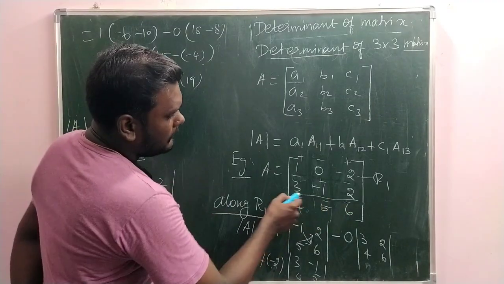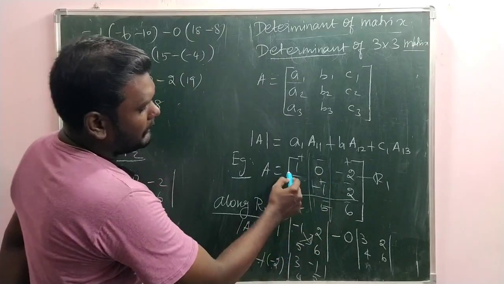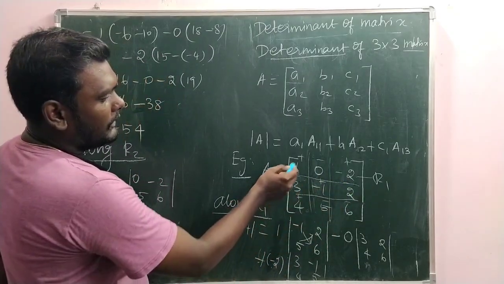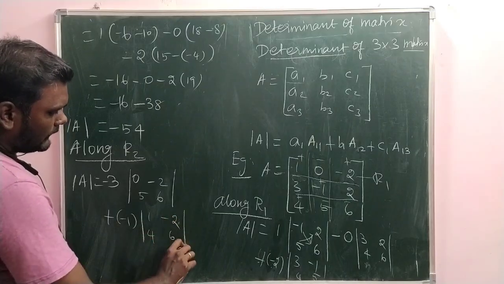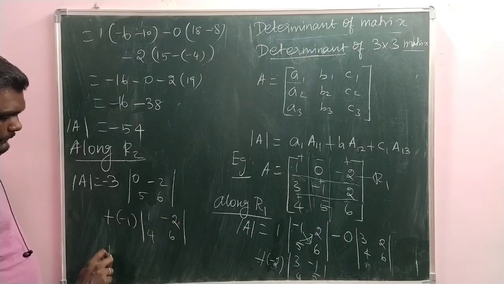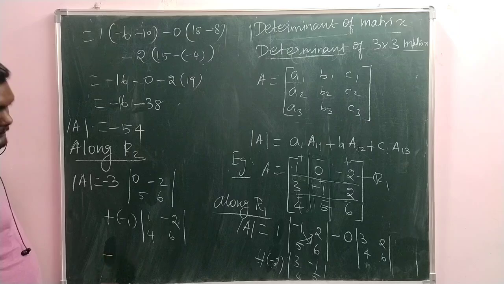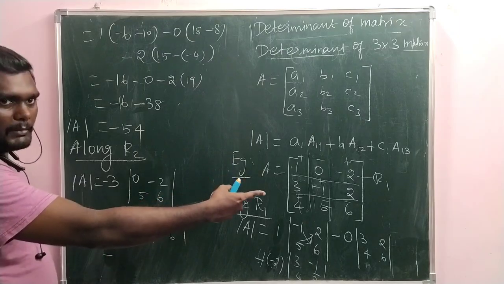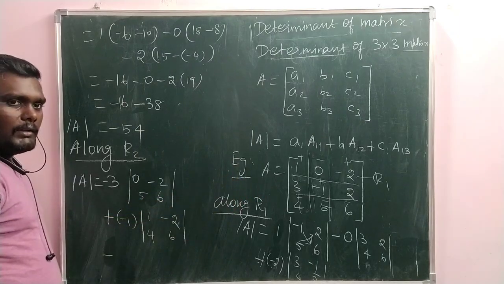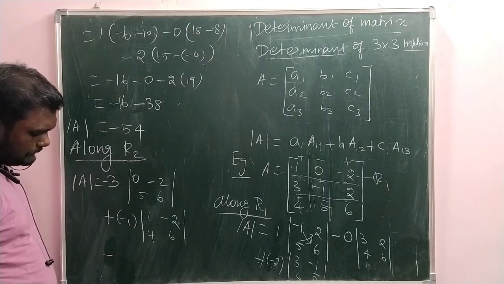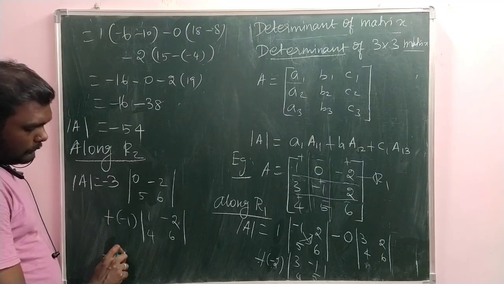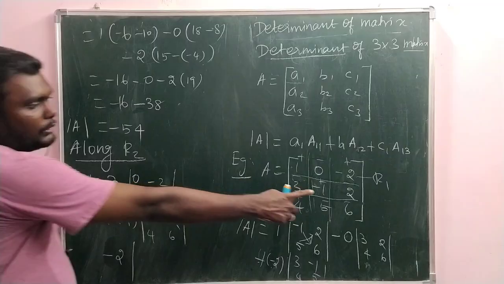Leaving the row and the column where this minus 1 belongs, we'll get 1 minus 2, 4 6. And then the last element again minus, because that cofactor sign will be minus, because that is 2 3's place. So minus 2 into the minor of that 2.